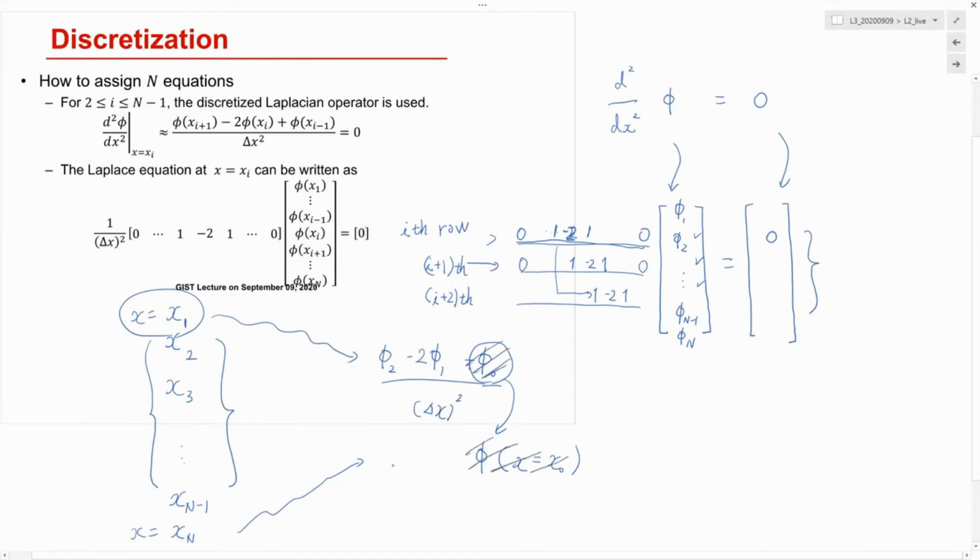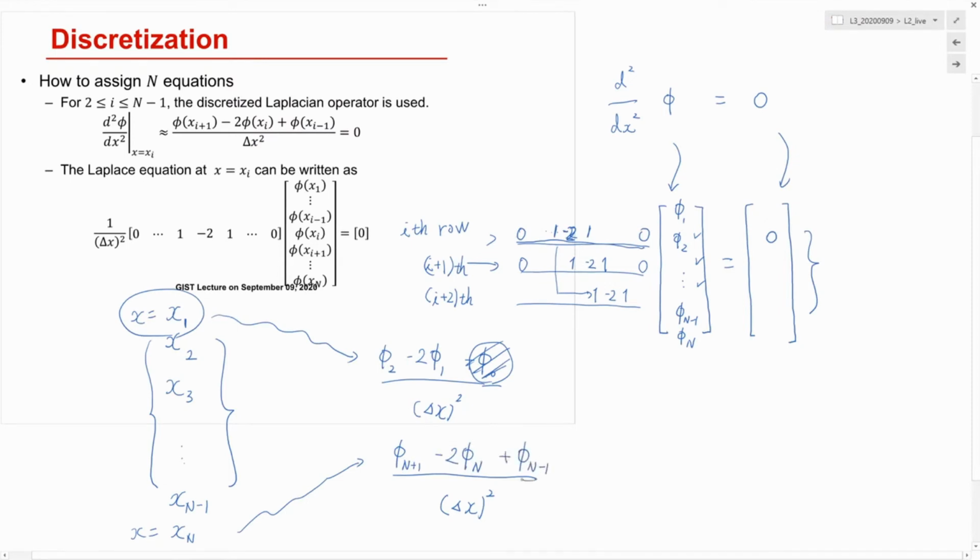Also, when you consider the xn case, you will have something like a coefficient times phi n plus 1 minus 2 times phi n plus phi n minus 1.